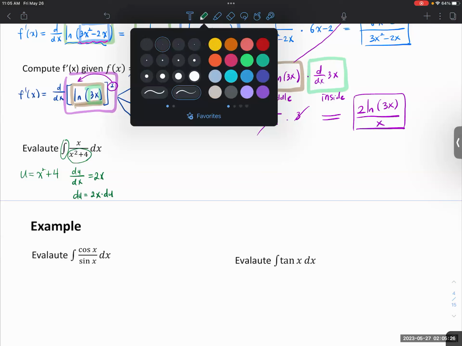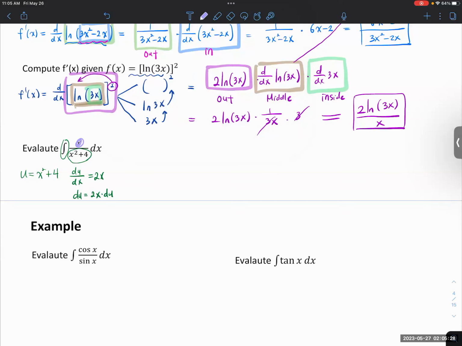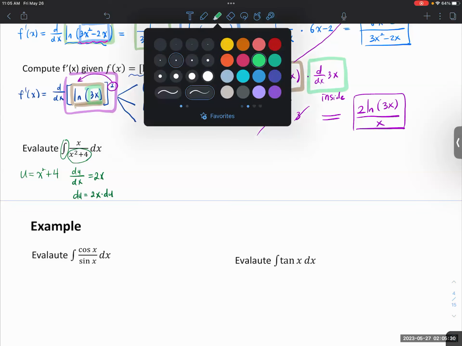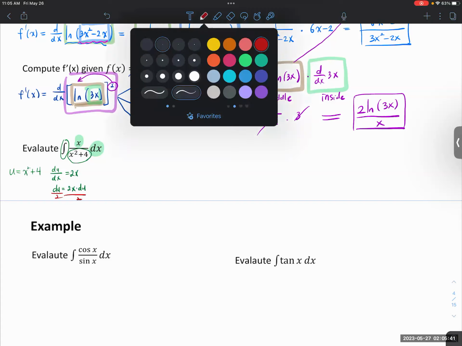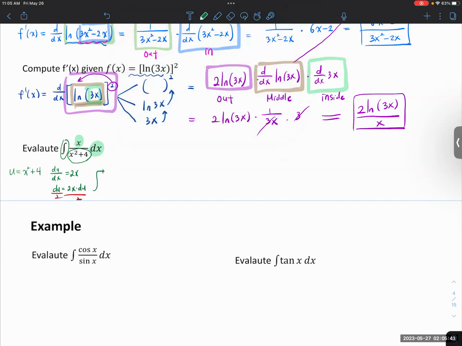Always we want to find x times dx. So I'm going to modify this. We're going to divide it by 2. So that would be du over 2 will be the x dx we're looking for.